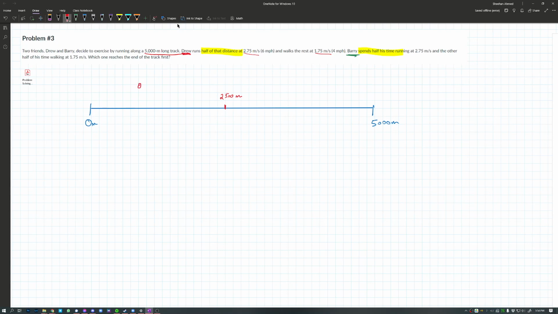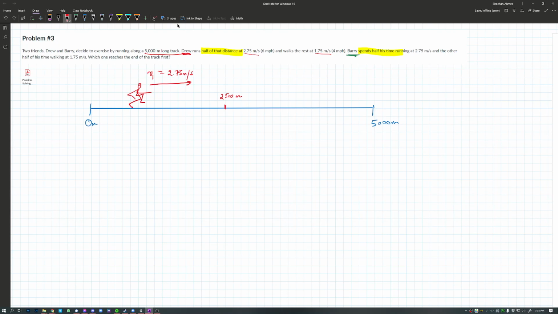So Drew is running, yeah, that's my running man. That looks horrible. How do I draw a person running? There you go. He's running fast at a velocity, let's call that V1. There's going to be a bunch of velocities, that's why I'm labeling it V1. At 2.75 meters per second.